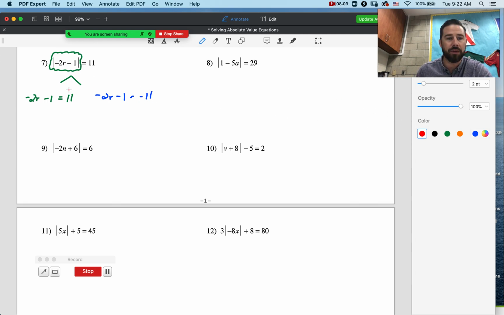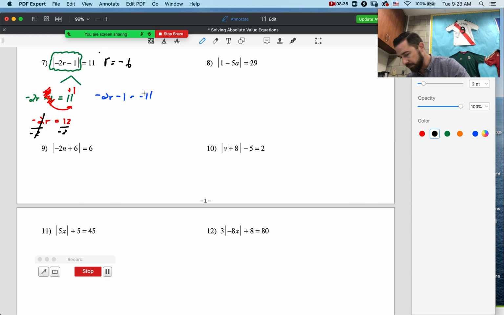Now we've got some math to do. We slide this over by adding 1 and adding 1. It looks like I have negative 2r equals 12. Divide by negative 2, and r equals, is it negative 6?